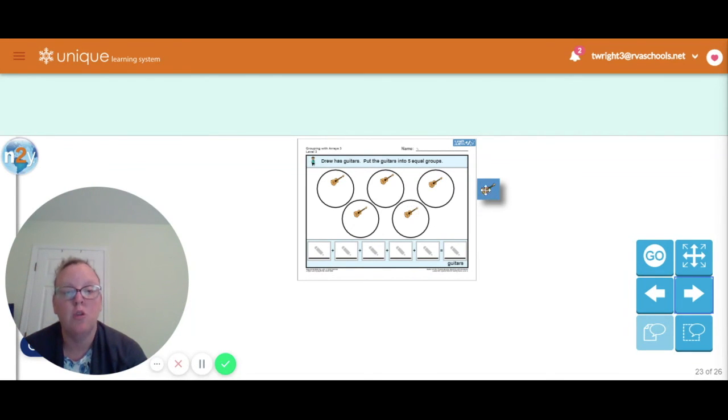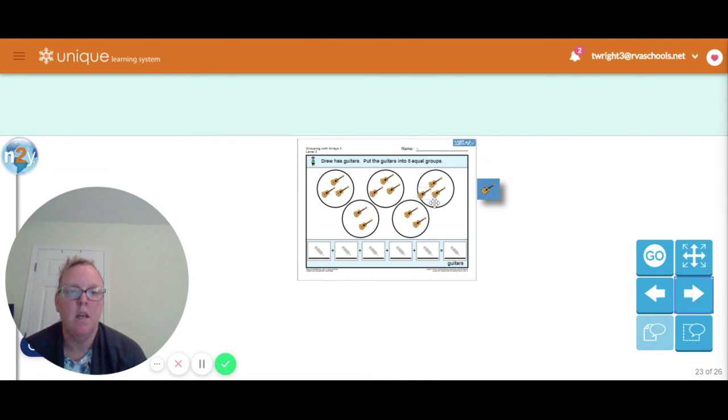Now we have to put 2 guitars in each circle. 1, 2. Oh, there's some more guitars, so let's add another one to each circle. That makes 3. There's 3.